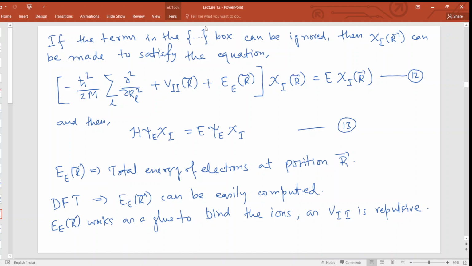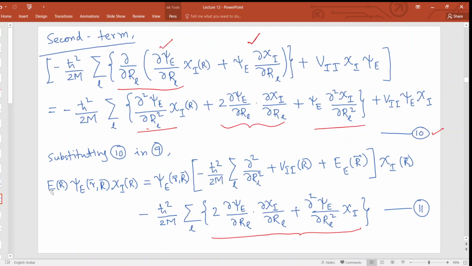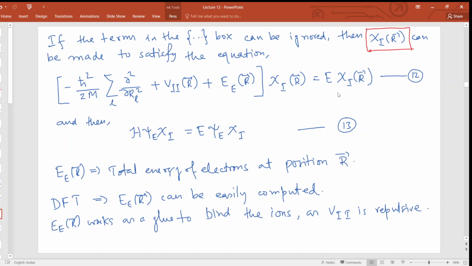Okay, so remember this chi IR is basically the wave function of the ionic part. Okay, so here what we are saying is that the first term has basically the square bracket term, we have of course potential energy, kinetic energy, and then chi I. So if the second term can somehow be made to vanish, then we get this particular equation which is only satisfied by chi I r.